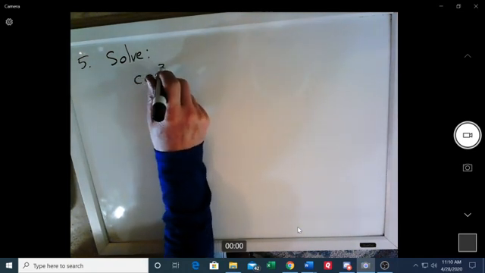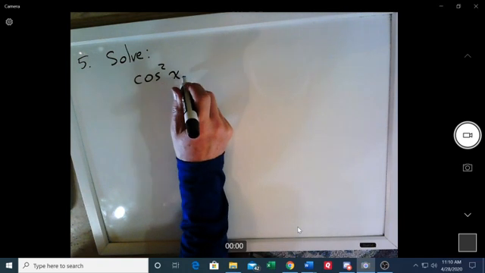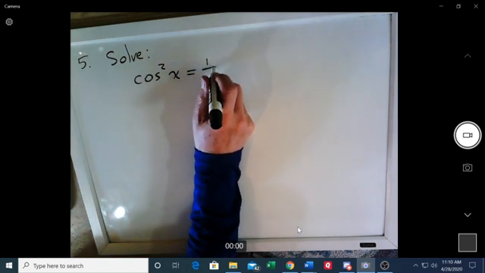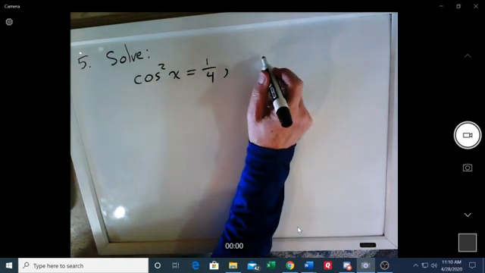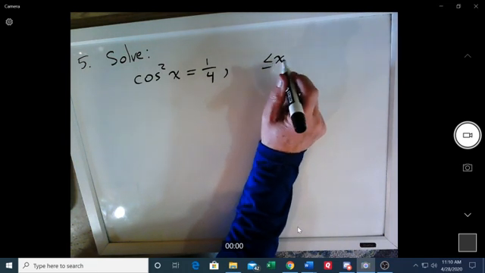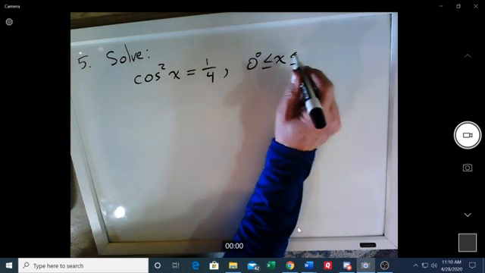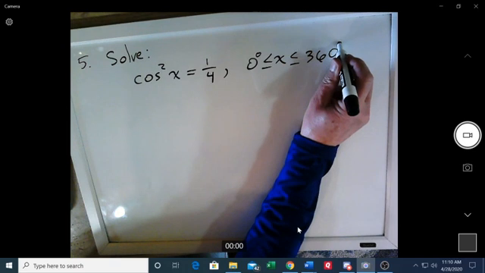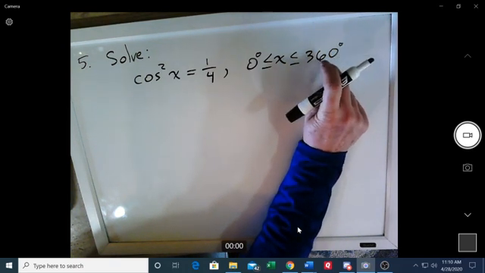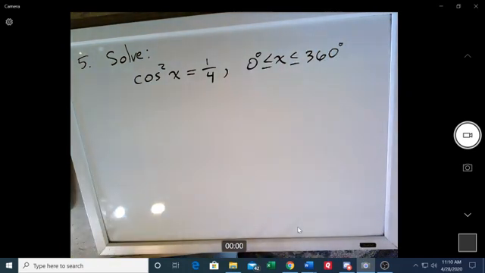Cosine squared x is equal to 1/4, where x is between 0 and 360 degrees. I'll give you a little time for that.